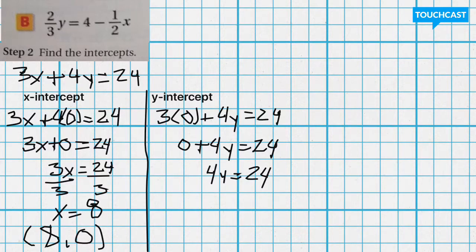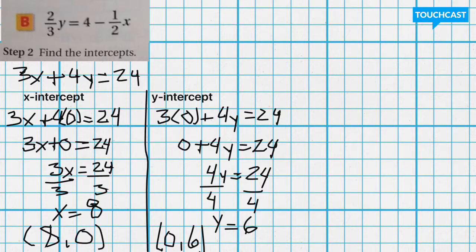So now we're going to divide by 4 and get y is equal to 6. So we've got the point 0, 6 for our y-intercept.